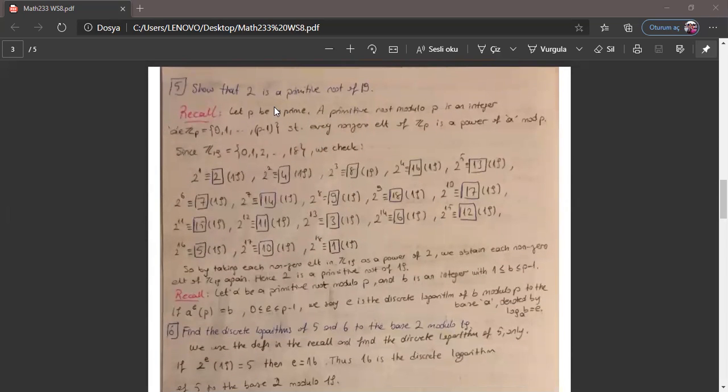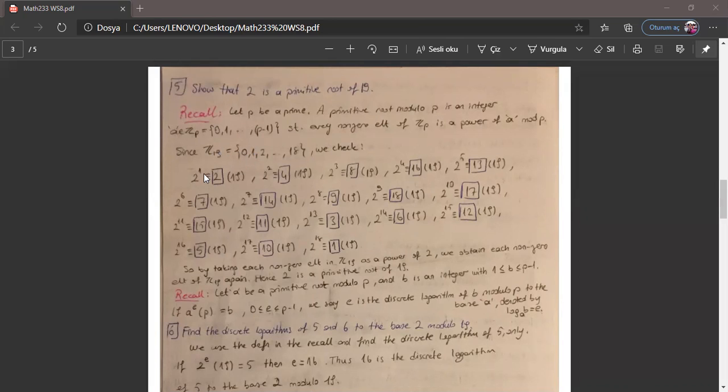Now we will show 2 is a primitive root of this number 19. So here we have the definition. We compute the powers of 2, and we will see if we get the whole set of non-zero elements of this set. And for powers, we again only choose the non-zero elements of this set.